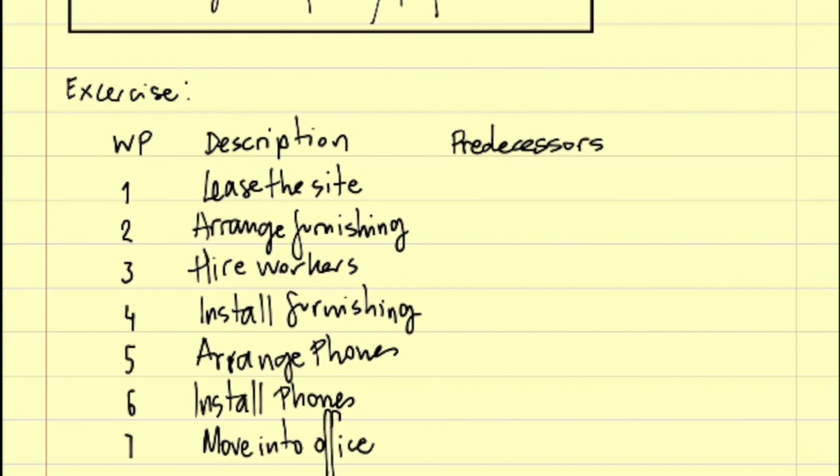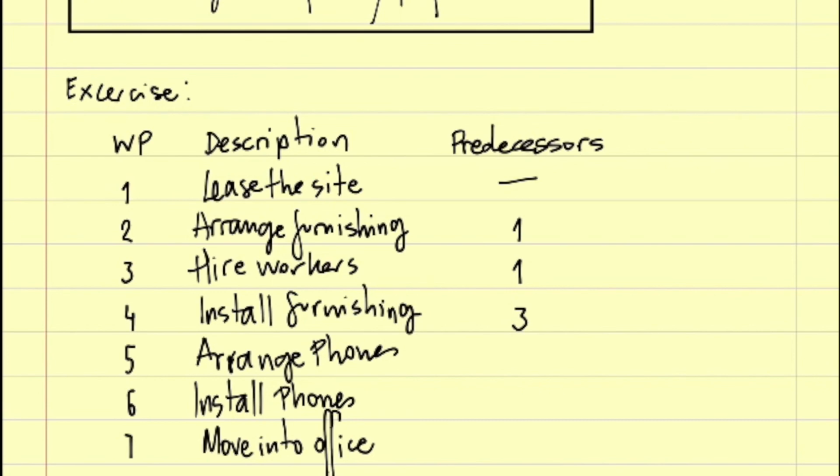We have the predecessors. The first has no predecessor. The second and third actions have a predecessor of 1. This means that only when 1 is done can 2 start. Only when 1 is done can 3 start. The predecessor for number 4 is 3.